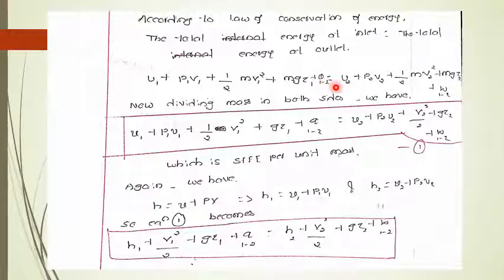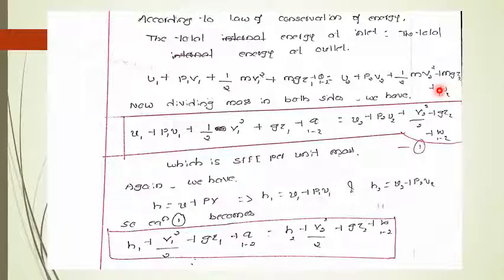This is equal to the total energy at outlet: internal energy, P2 V2, plus kinetic energy, potential energy, and work transfer.